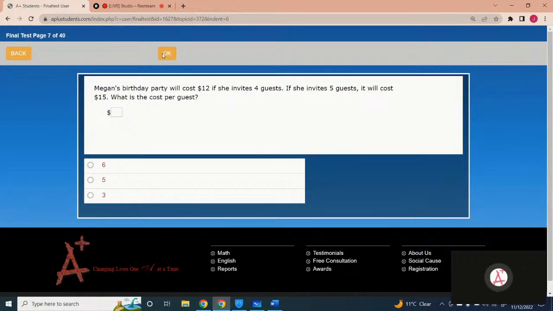You have to do 12 divided by 4, which is 3. And you have to do 15 divided by 5, which is 3. That means the cost is $3 per guest. Got it? So just select the correct option and then click on the OK button.